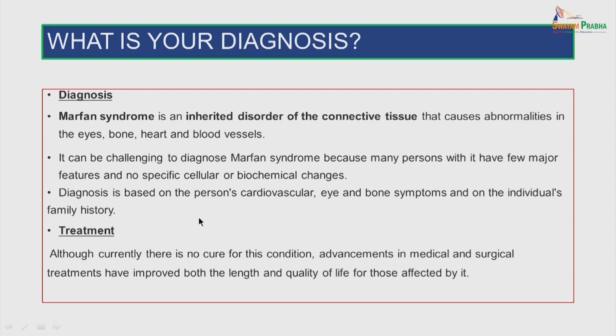The diagnosis is based on the person's cardiovascular, eye and bone symptoms and on the individual's family history. Treatment: although currently there is no cure for this condition, advancements in medical and surgical treatments have improved both the length and quality of life for those affected by it.